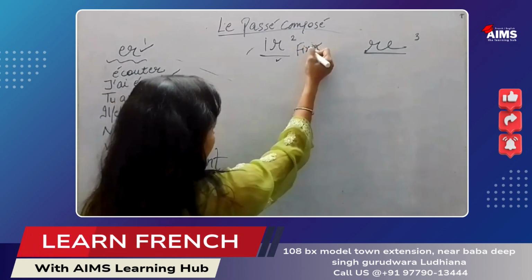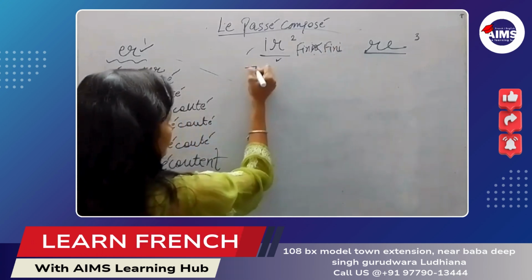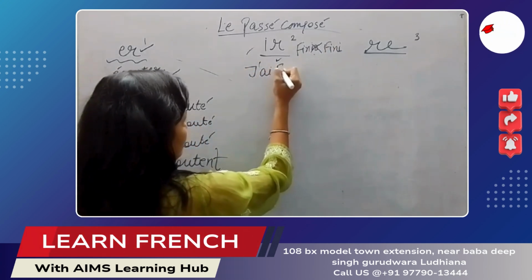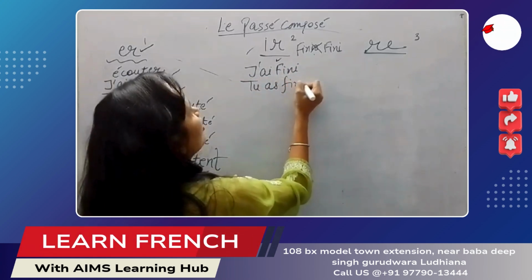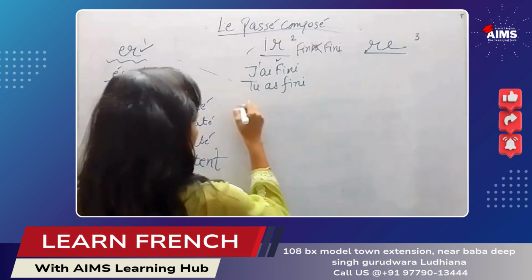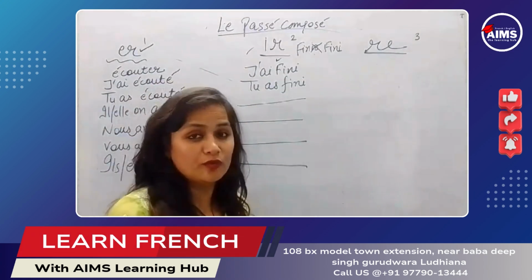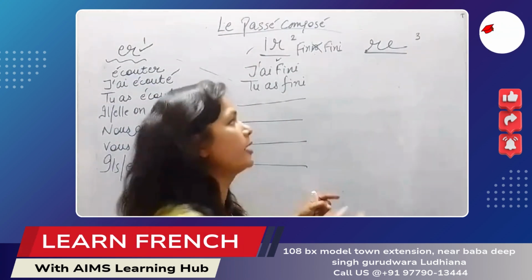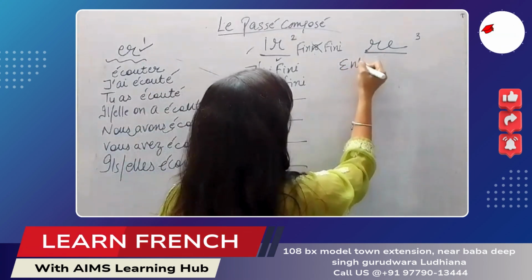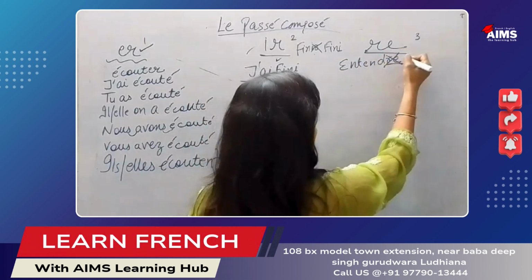Again, recap. Fini. Deuxième groupe. Enlever ir. Ajouter i. J'ai fini. Tu as fini. Okay? Now this is your devoir, homework. You can write these conjugations in the comment box. Okay? Entendre. Troisième groupe verbe. Okay? Enlever re, ajouter u. Okay?